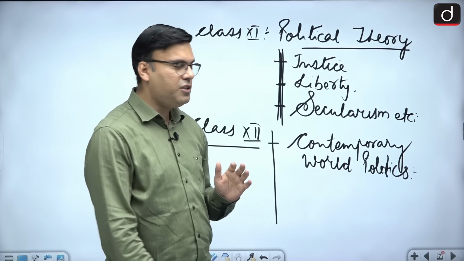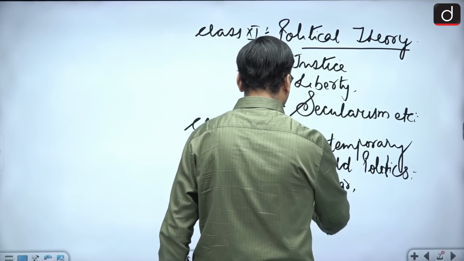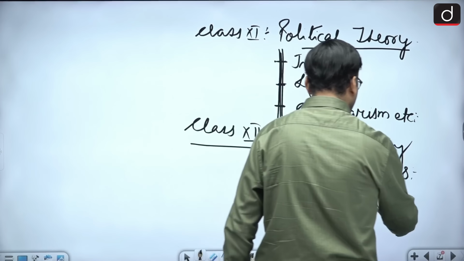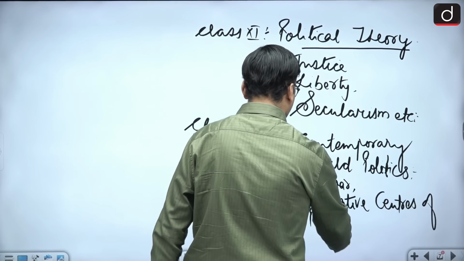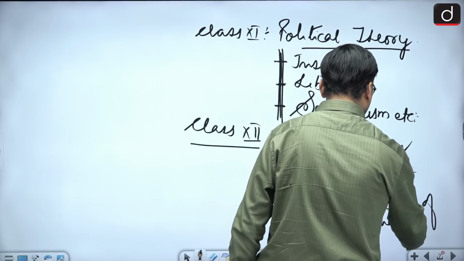because this is a book which deals with the Cold War. This is a book which deals with the issues of alternative centers of power. This is a book which deals with international organization.